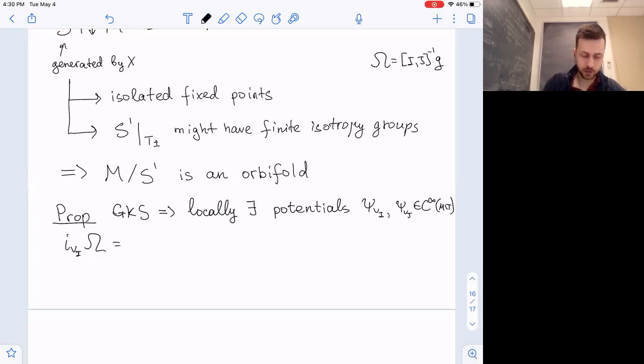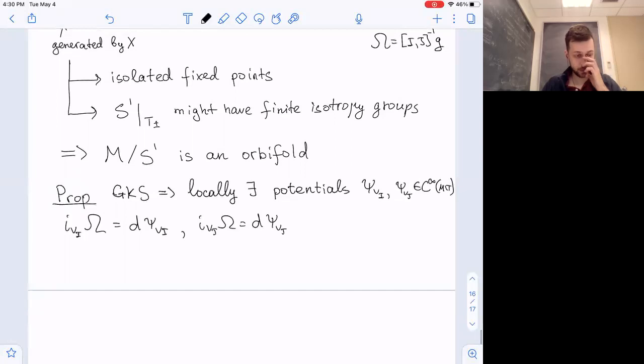So this must be an exact form. Locally we can write it as d psi V_I, and similarly i_{V_J} omega will be d psi V_J, because the flow of the soliton vector field, in either I fixed gauge or J fixed gauge, preserves this symplectic form.